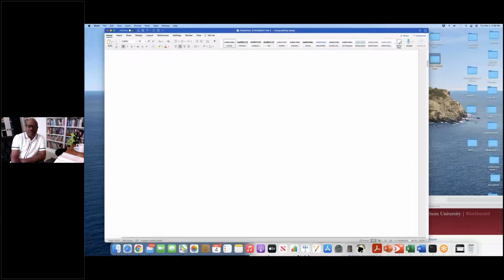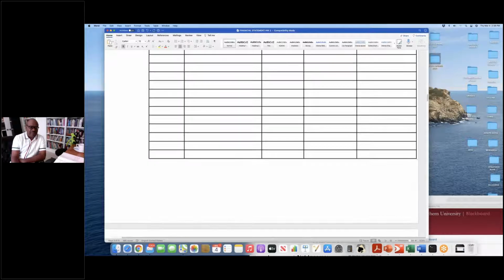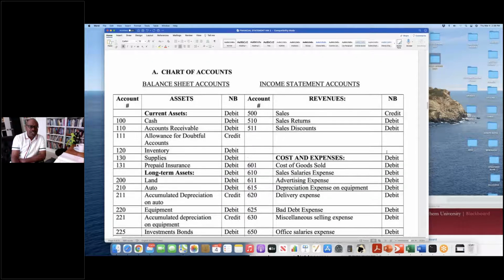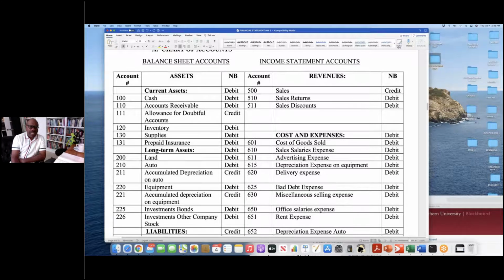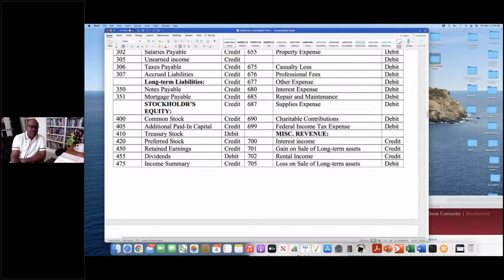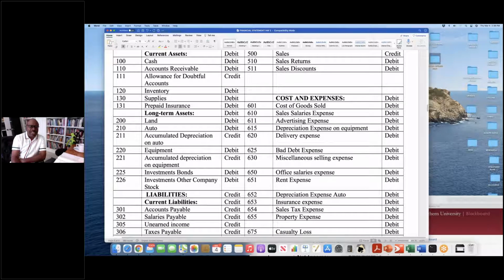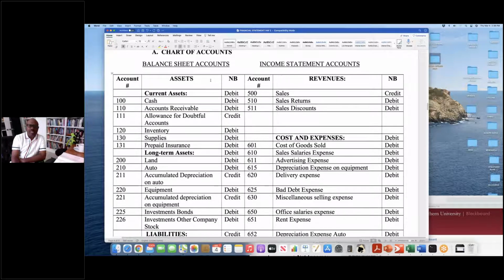So I will go back to the trial balance and repeat this chart of accounts. I'll try to remember to put these charts of accounts in, but they're in the order that your ledger and your trial balance should be in. So this is the order, this numerical order. And here is the normal balance of the accounts, whether it's a debit or credit.